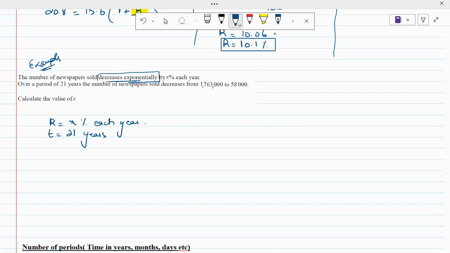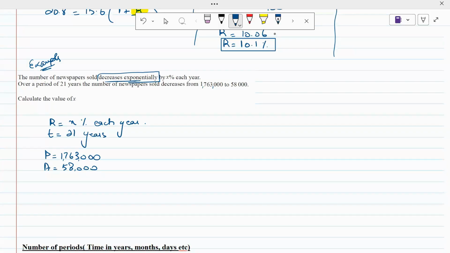It started from 17 lakh. So P for us would be this 17 lakh 63,000. And A, the decreased or depreciated value, is 58,000. Time is 21 years and we have to find X, the rate.